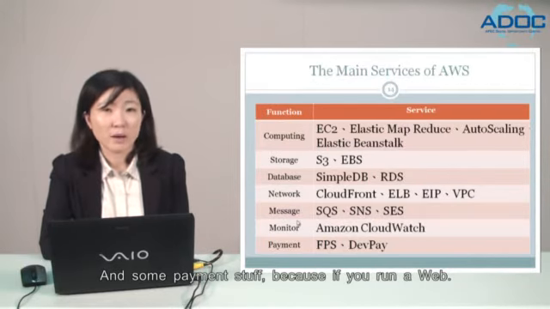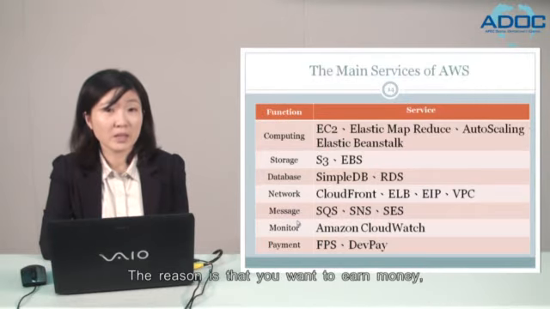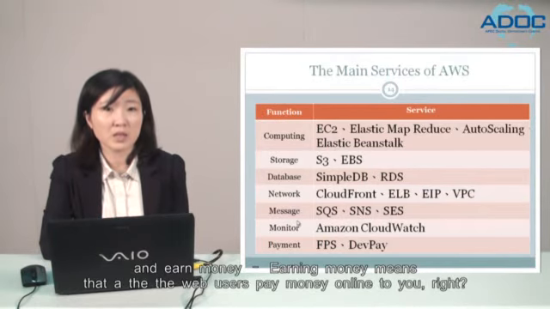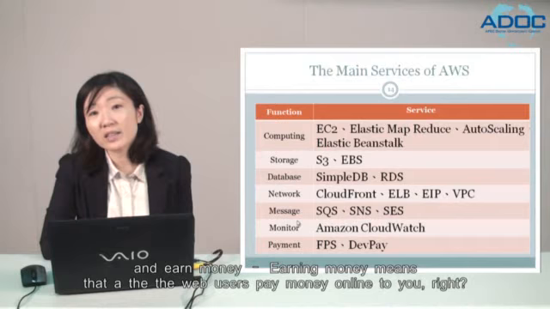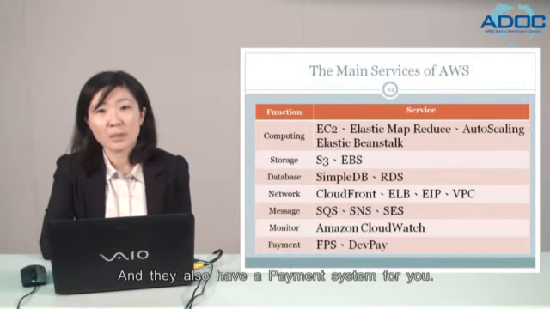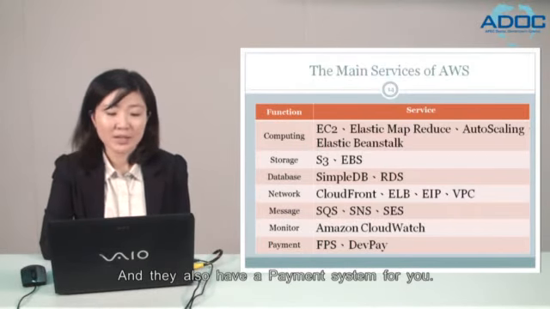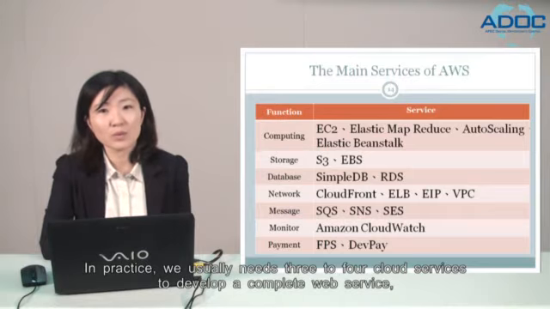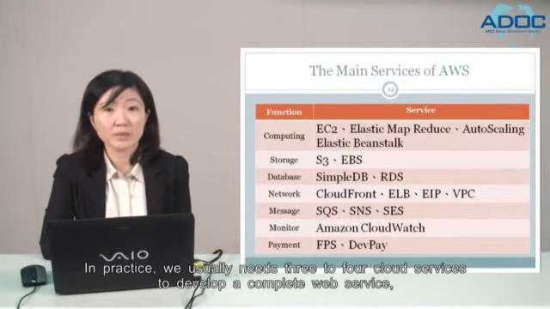Because if you run a web service, the reason is that you want to earn money. And earning money means that the web users pay money online to you, right? And they also have a payment system for you. In practice, we usually need 3 to 4 cloud services to develop a complete web service.